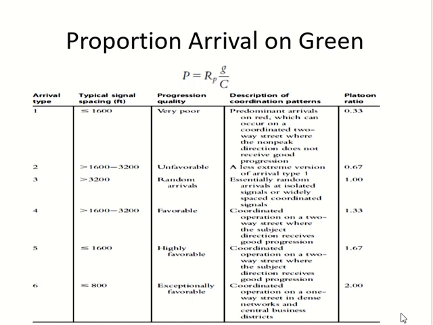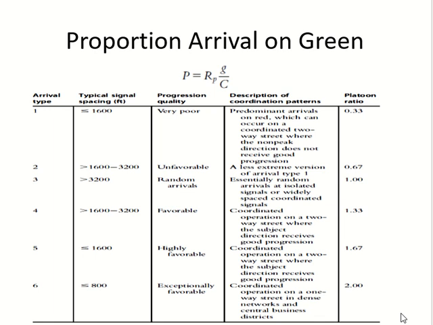The next thing we need to know is the proportion of vehicles arriving on green. Okay, the percentage of vehicles which arrive and find green signal. It depends upon two things: the type of arrival you have and the spacing from the other signals.